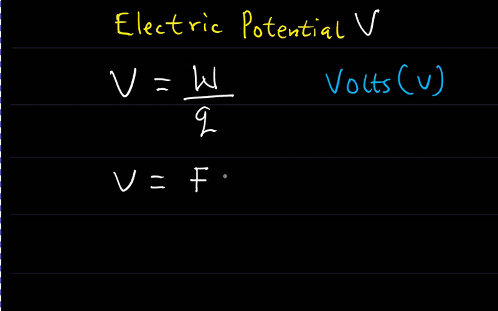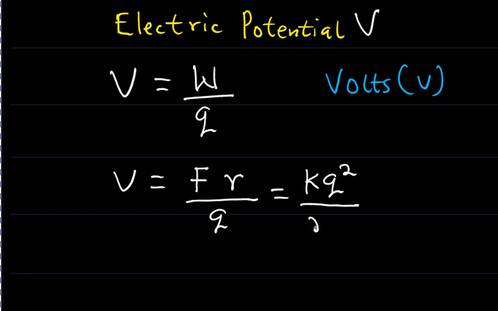Since we use R as the symbol for distance in Coulomb's law, work is F times R, divided by Q. From Coulomb's law, force is KQ squared all over R squared.